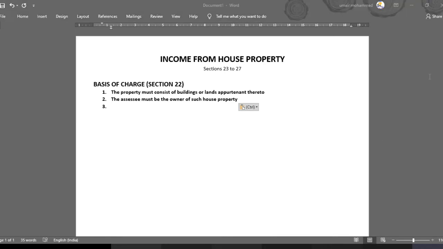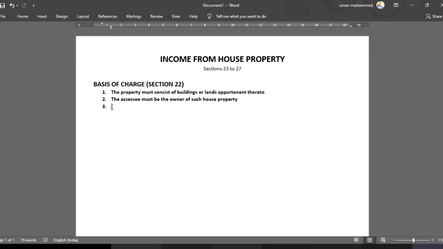Now, the third important point is that the property should not be used by the owner for the purpose of any business or profession. What it means? Now sometimes you will see property being used for both. Sometimes there's a conflict.